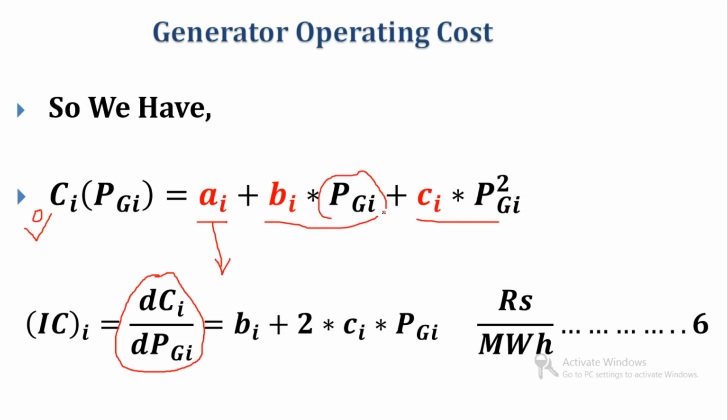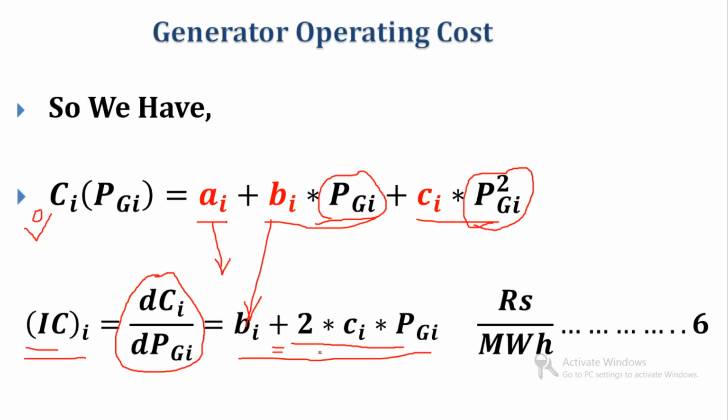Differentiation of Pgi is 1, so over here simply Bi, plus, as it is, differentiation of Pgi square is given by 2 Pgi, so the term becomes 2 Ci into Pgi. So the incremental fuel cost equation is Bi plus 2 Ci into Pgi rupees per megawatt hour. This is the equation of incremental fuel cost.